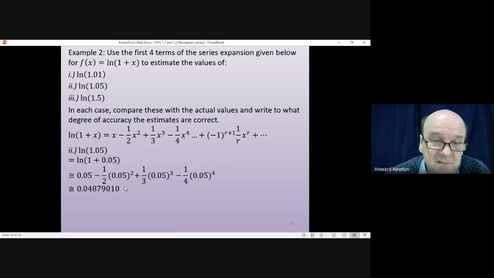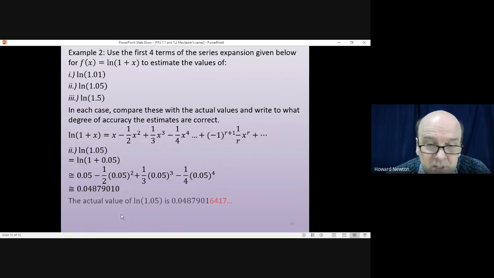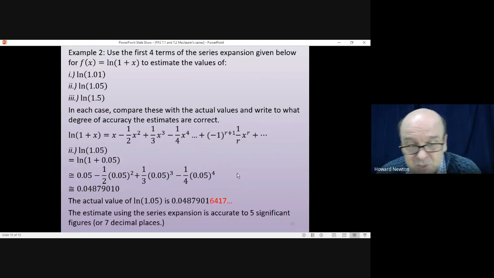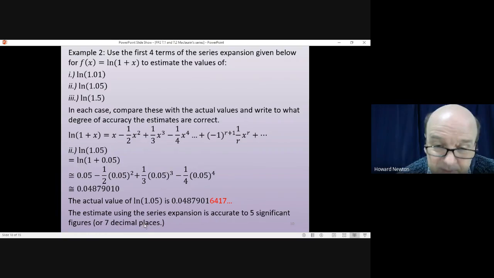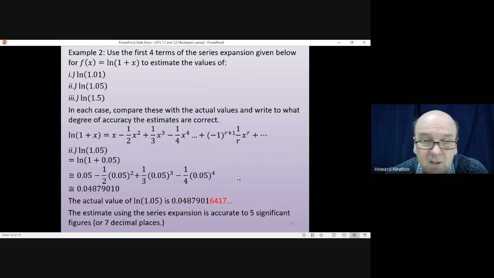Working out the exact value of log 1.05, we get 0.04879001 and then the decimal changes. So slightly less accurate this time. This time the estimate is only accurate to 7 decimal places or 5 significant figures. Now in the third example, we've increased the size of x a lot.